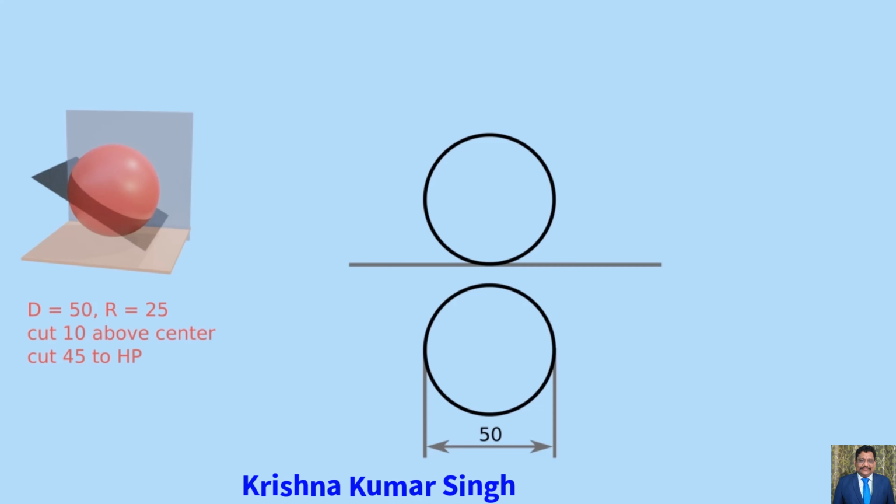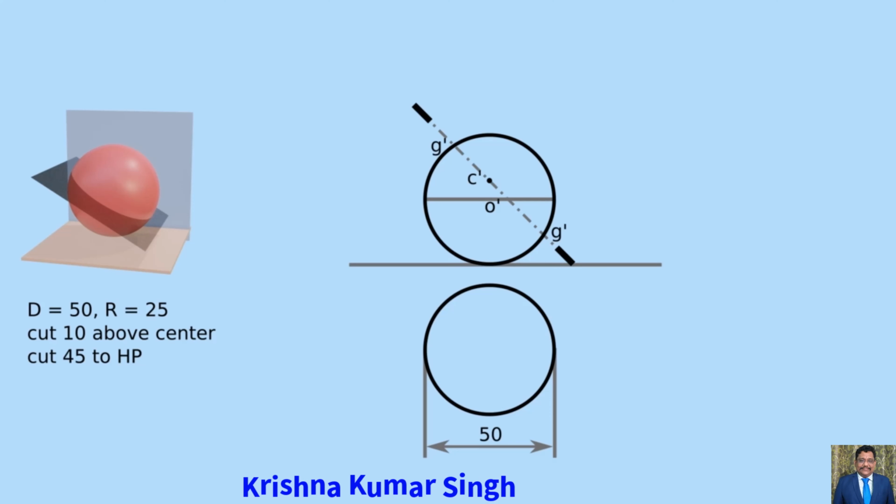Then we have to project a sectional view. For that, let us consider a plane G' cutting the sphere. In the problem, it is given that the section plane is 10 mm above the center, and as per condition 1, it is inclined at 45 degrees to HP. So mark a point C', 10 mm above center O'.